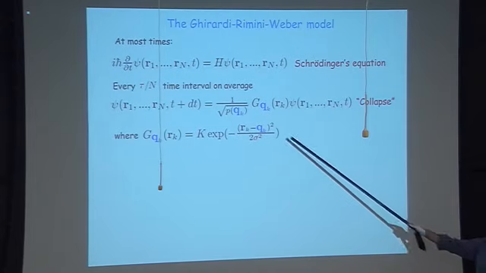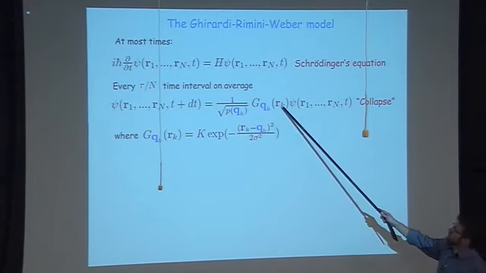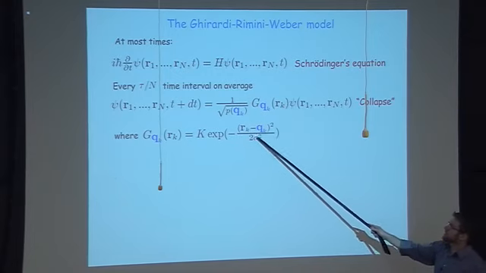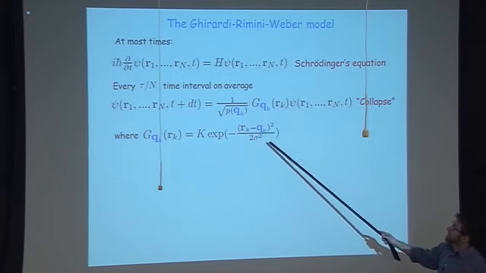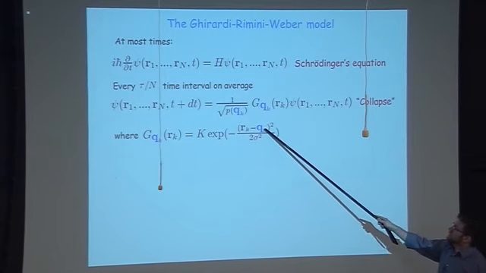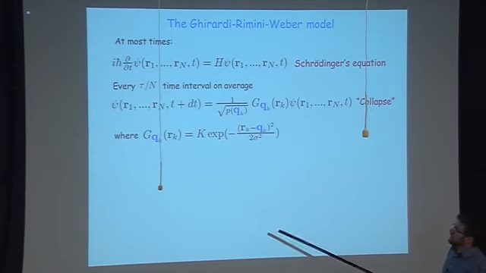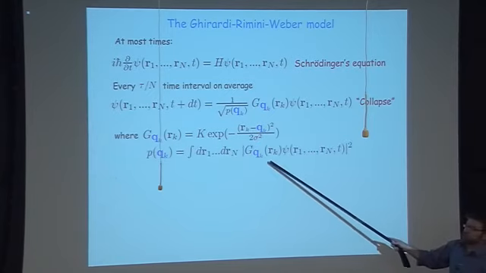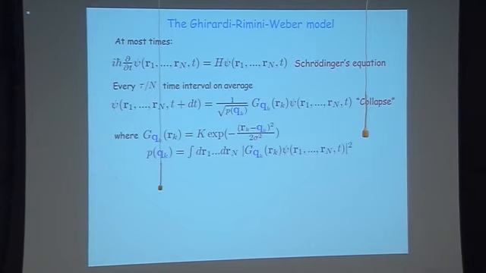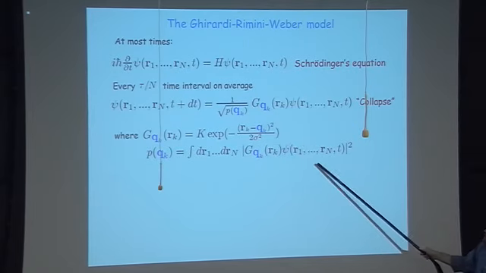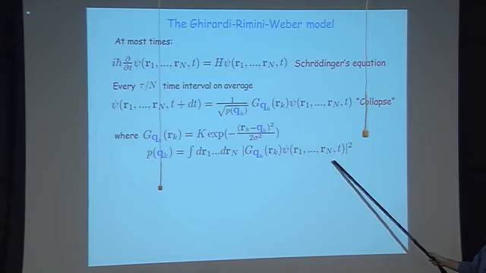And so effectively, this is like localization to within some sort of region, some length scale sigma, and the place where you locate it is this qk, and the way that's chosen is basically by sampling at random from this probability distribution, which is also the thing that appears in the normalization factor. So this probability distribution is, roughly speaking, very similar to just mod psi squared.